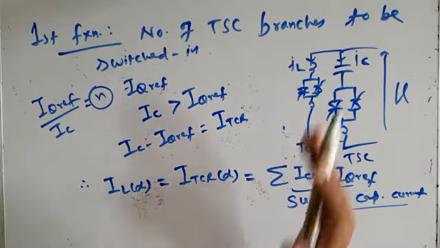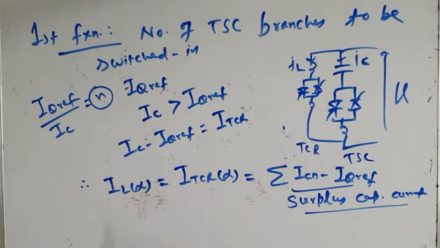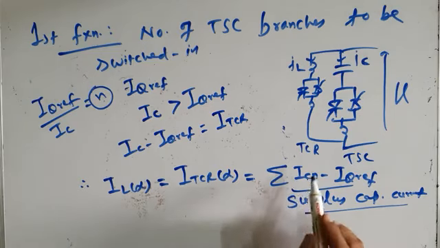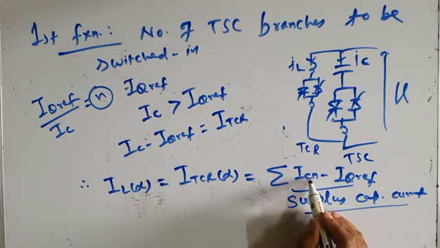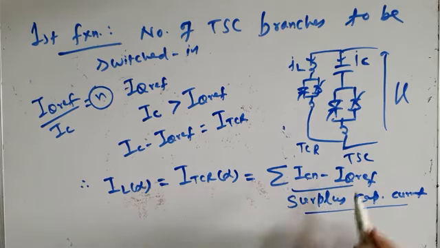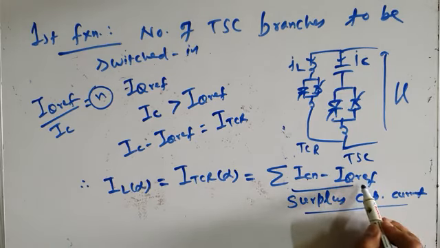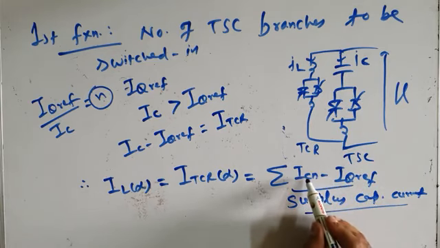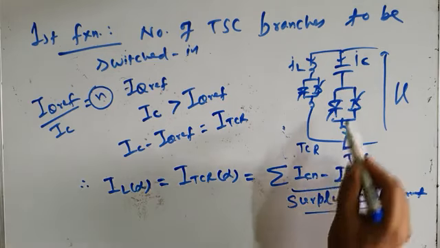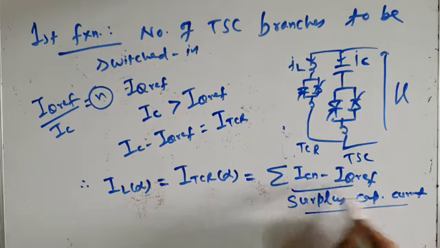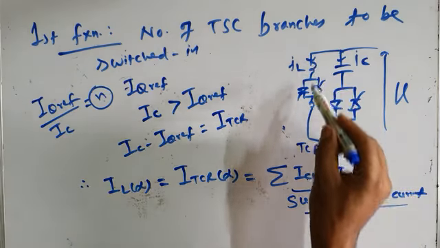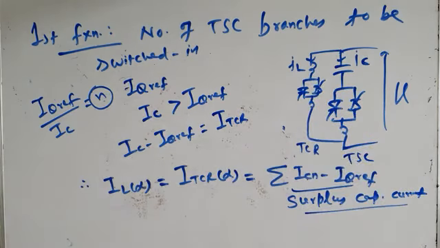When the TSC branches are switched in, the total capacitive current drawn by these TSC branches is ICN, for example IC1 plus IC2 plus so on. And what is the reference capacitive current? IQ ref. If the capacitive current drawn by the TSC branches is greater than the reference capacitive current, then this difference gives us surplus capacitive current, which has to be cancelled, and it will be cancelled only if the TCR is turned on.